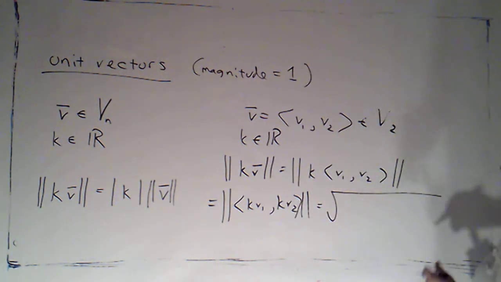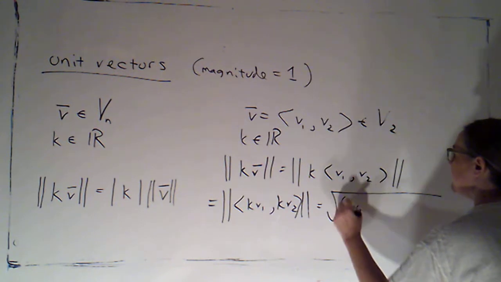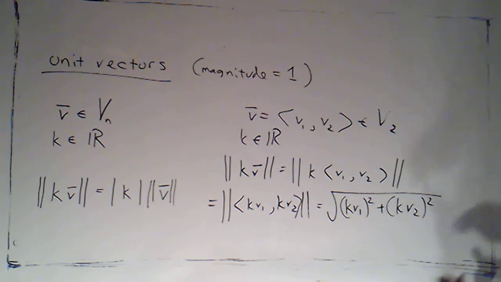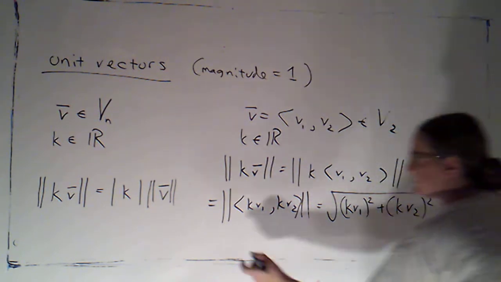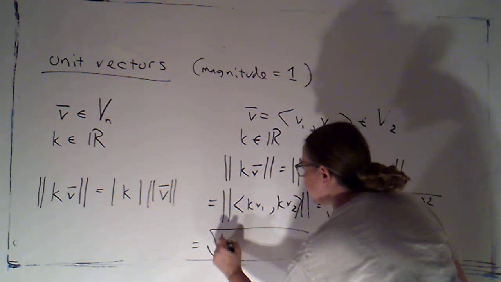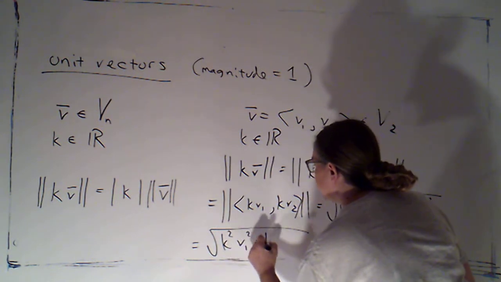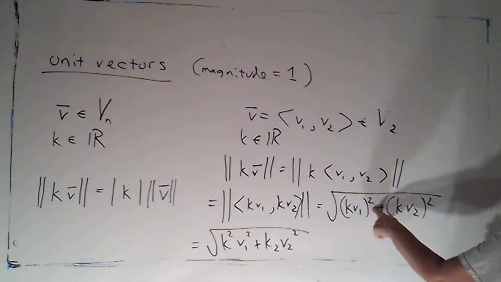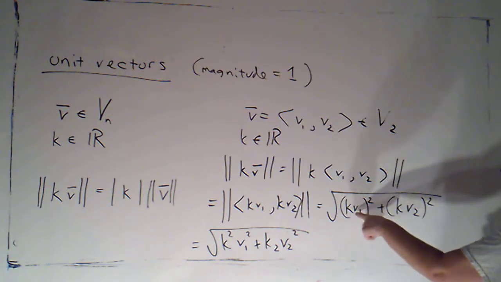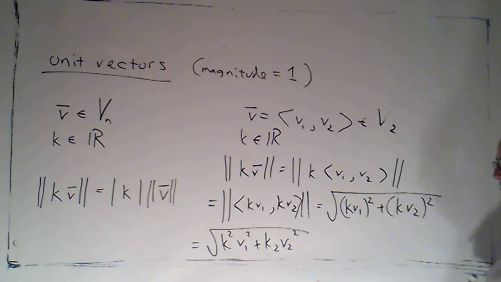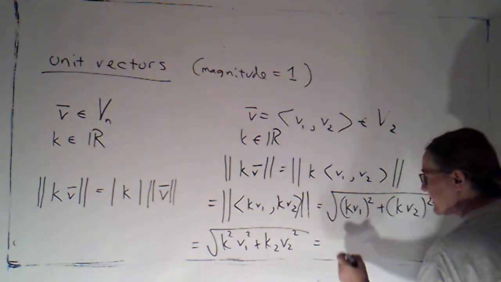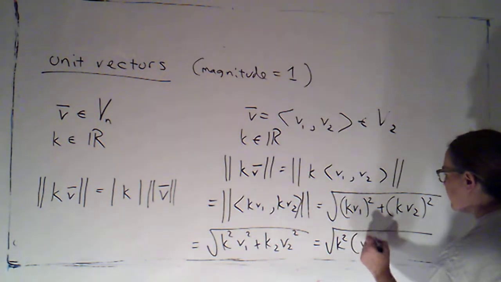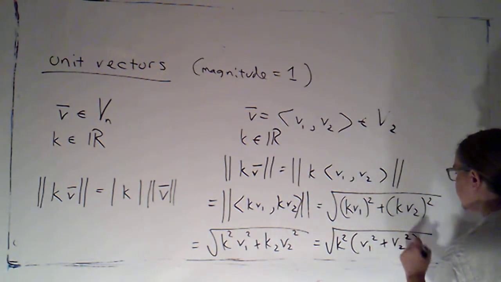So that's going to be the square root of kv1 squared plus kv2 squared. Now, I can just say that's going to be the square root of k squared v1 squared plus k squared v2 squared, because exponents do distribute over multiplication. So I'm just squaring both factors. Now I can factor out a k squared, and that's times v1 squared plus v2 squared.